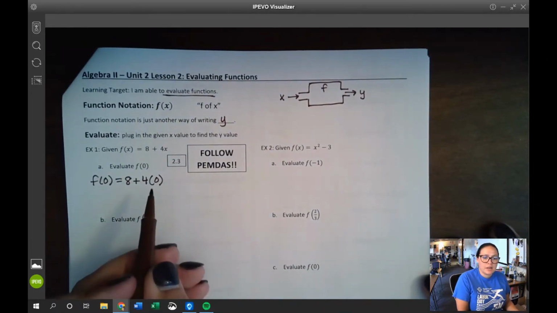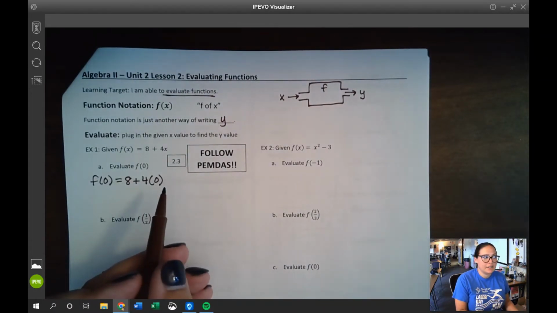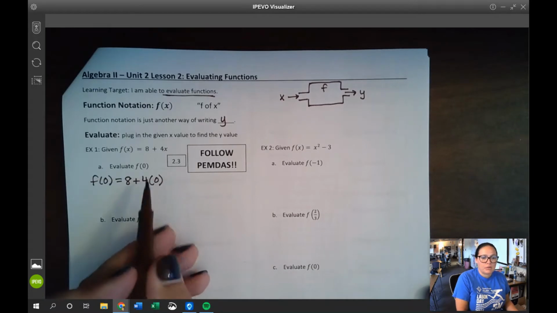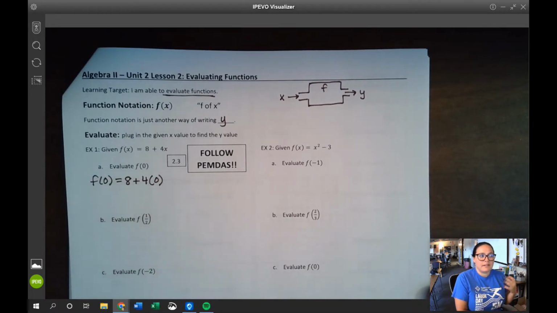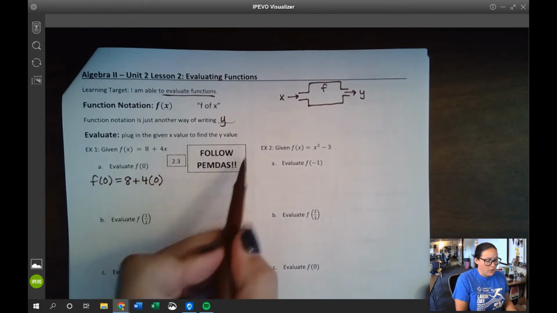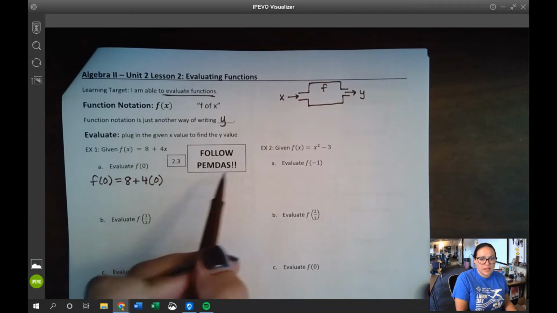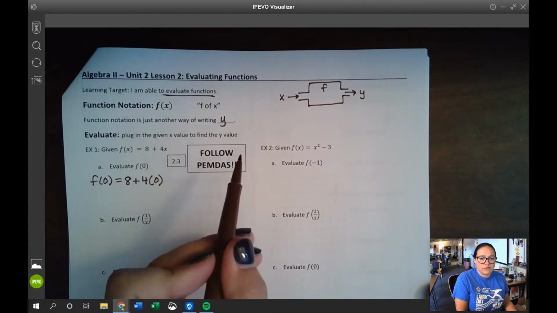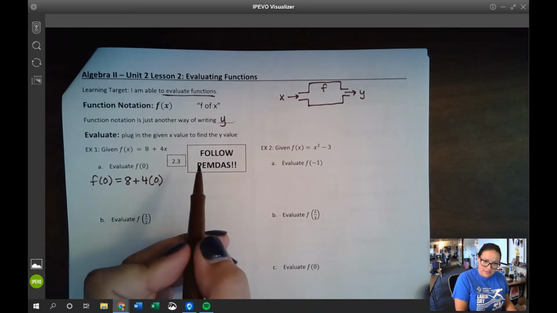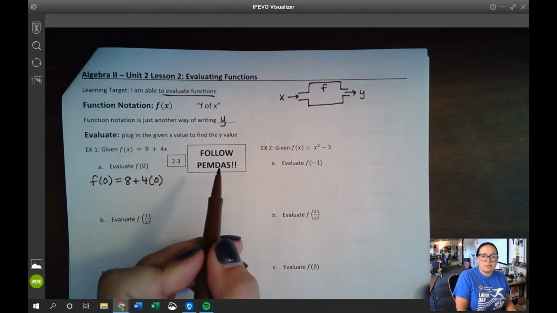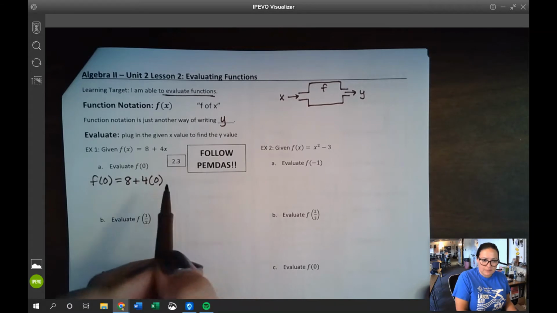Now, when you're plugging numbers in, I highly recommend that you put parentheses around that number to help your work stay organized and make sure you understand what it's saying. Now, I also put in bold with exclamation marks and a box around it to follow PEMDAS, follow order of operations: parentheses, exponents, multiplication, division, addition, and subtraction.